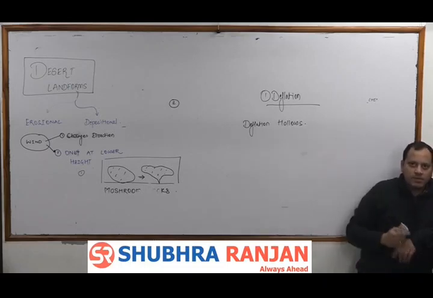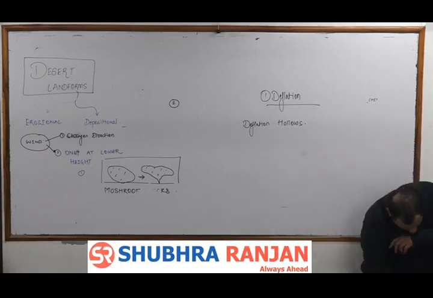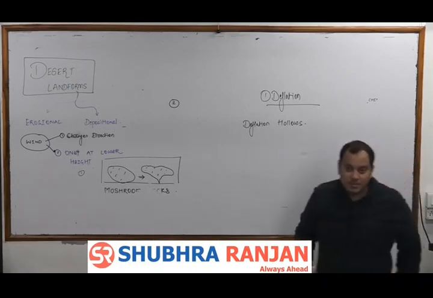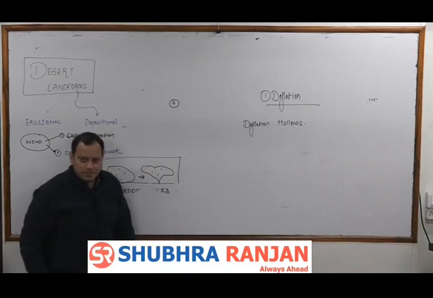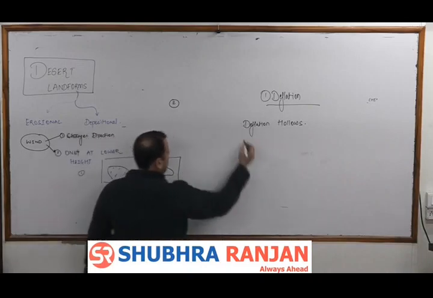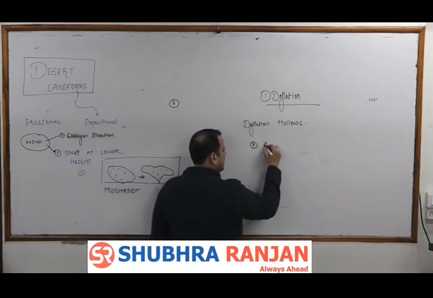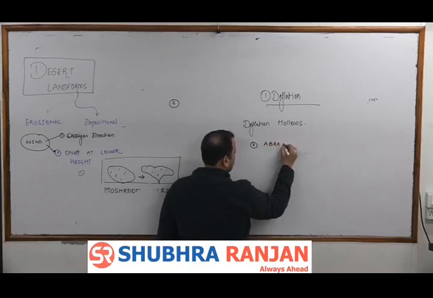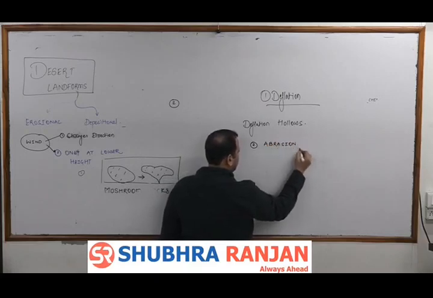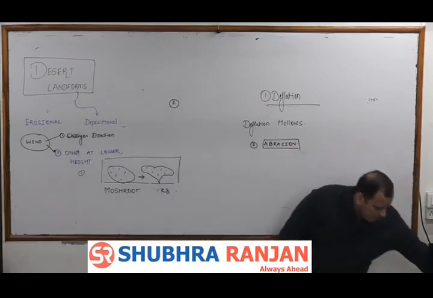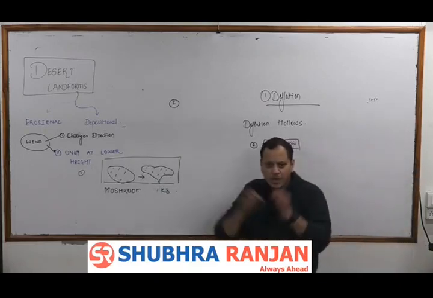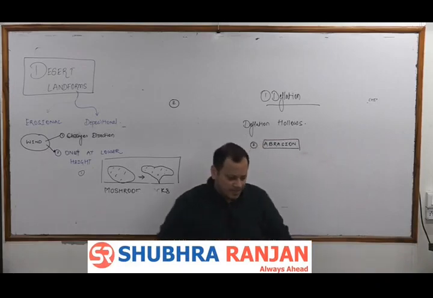Next, we are doing the mechanisms of wind erosion. So is a deflation hollow an erosional or depositional landform? Erosional. So one is deflation, the second is abrasion.